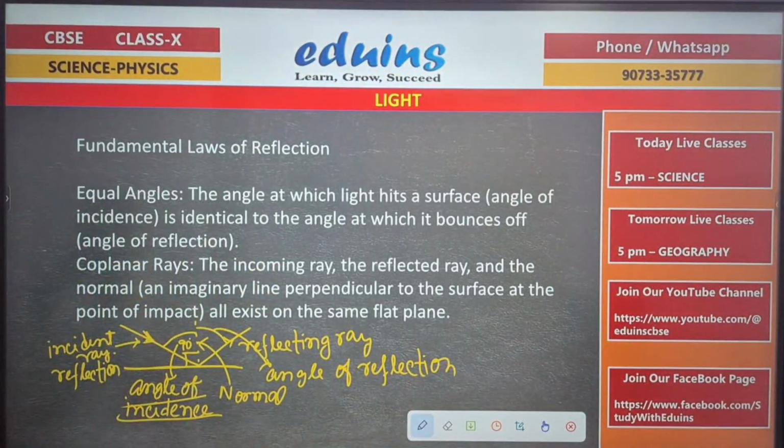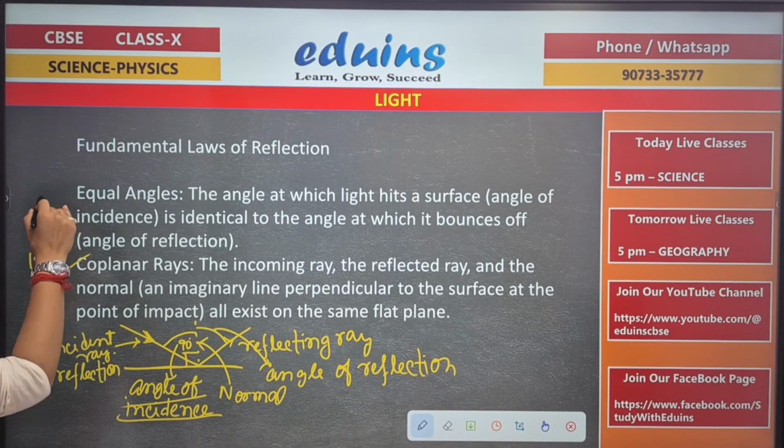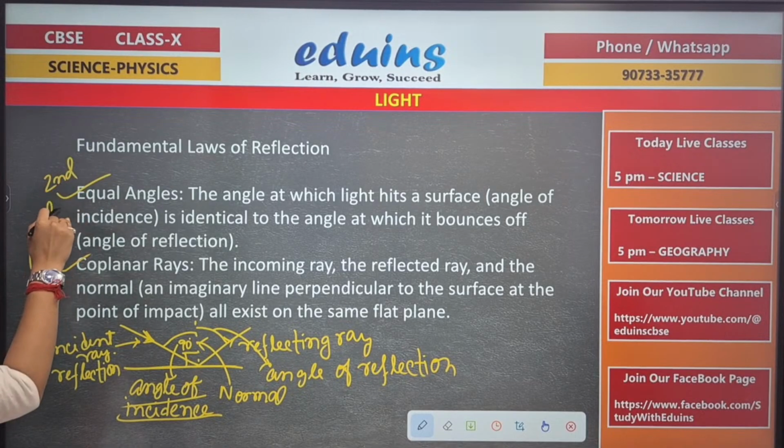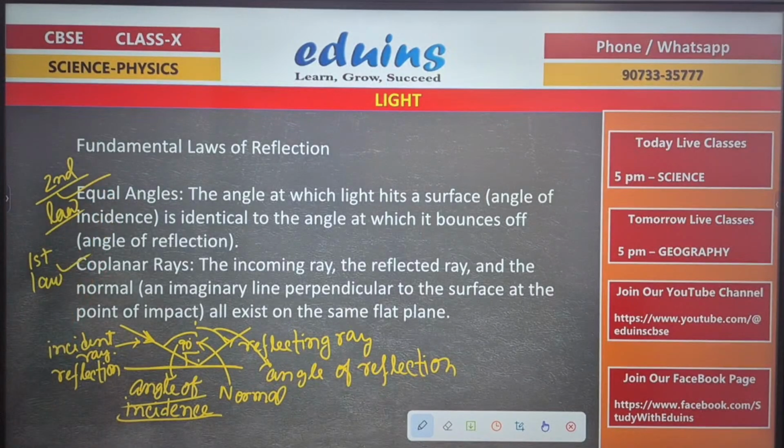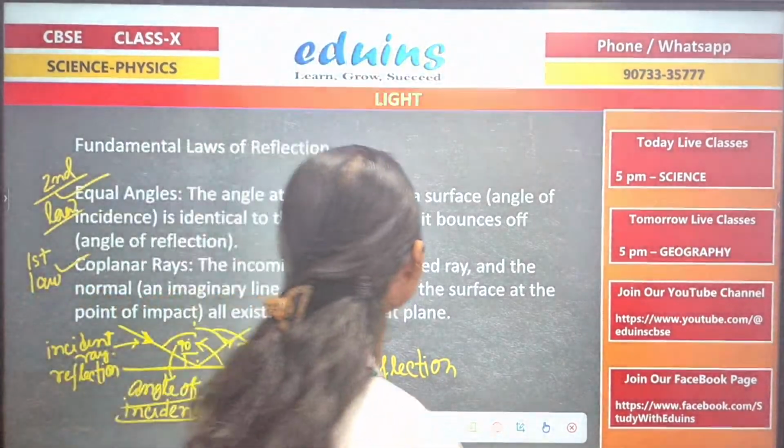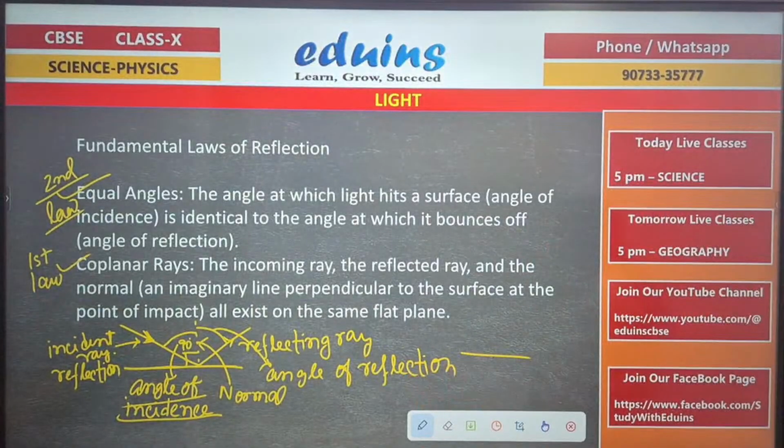Those are the general laws of reflection. The first law is coplanar rays, and the second law is equal angles. So, what is the first law statement? Coplanar rays: the incoming ray, the reflected ray, and the normal lie in the same plane. The normal is an imaginary line perpendicular to the surface at the point of impact.